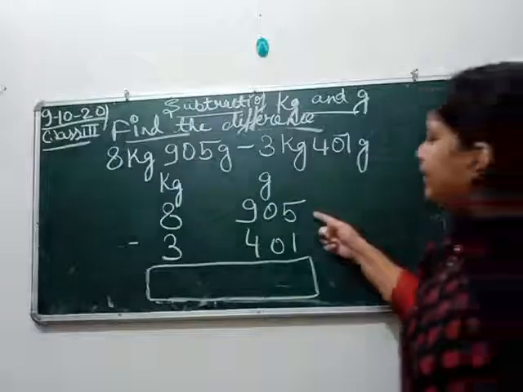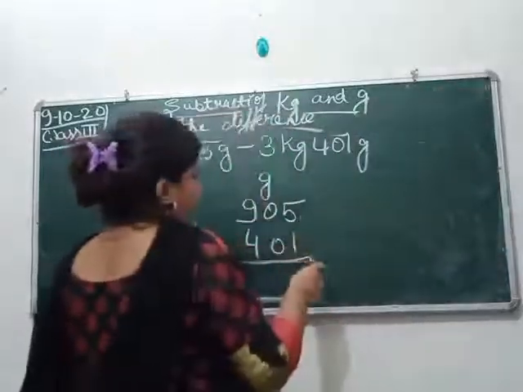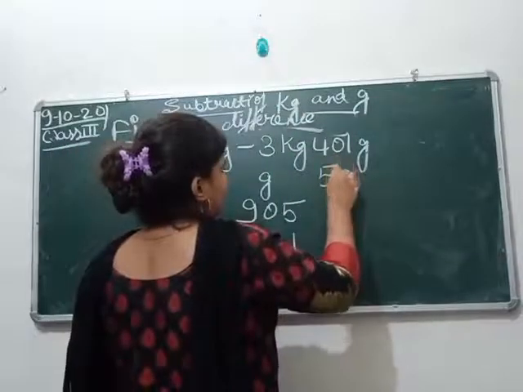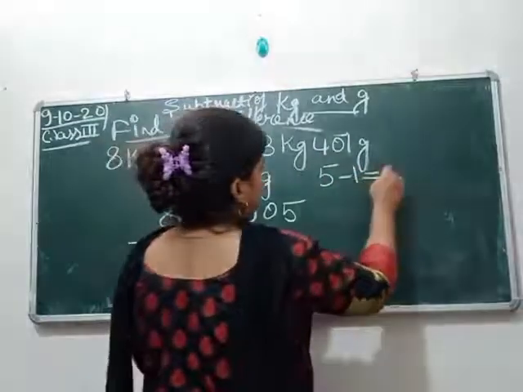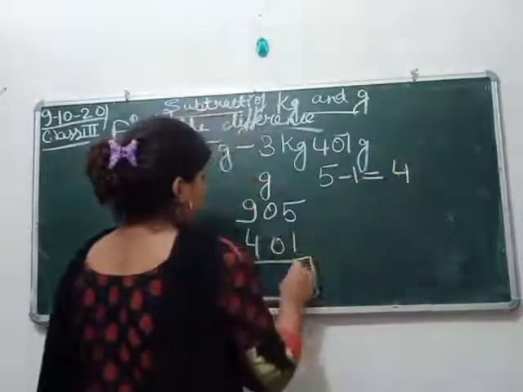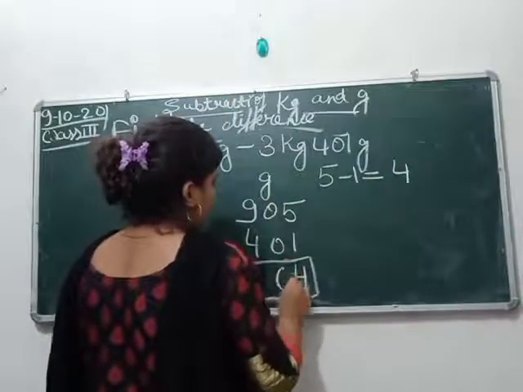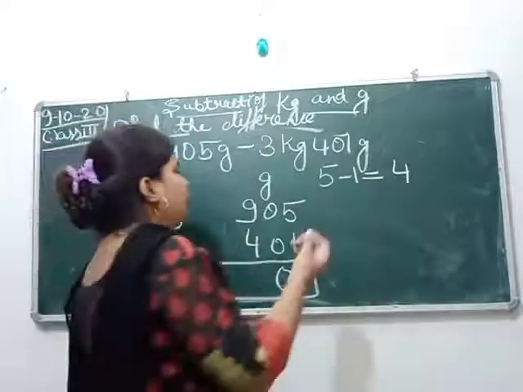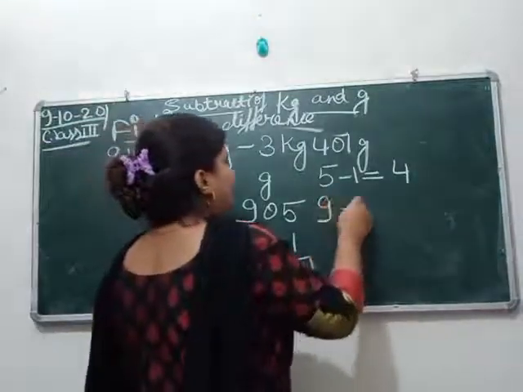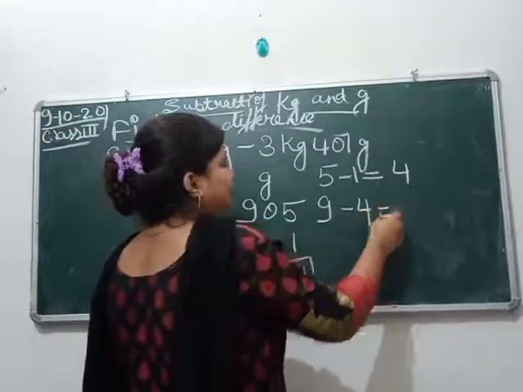Start from this place. So here we will get 5 minus 1. 5 minus 1 we will get 4. Now 0 minus 0, 0. Now here we have 9 minus 4.